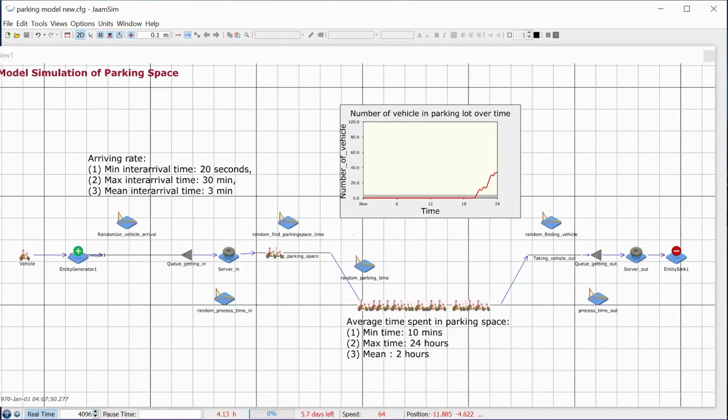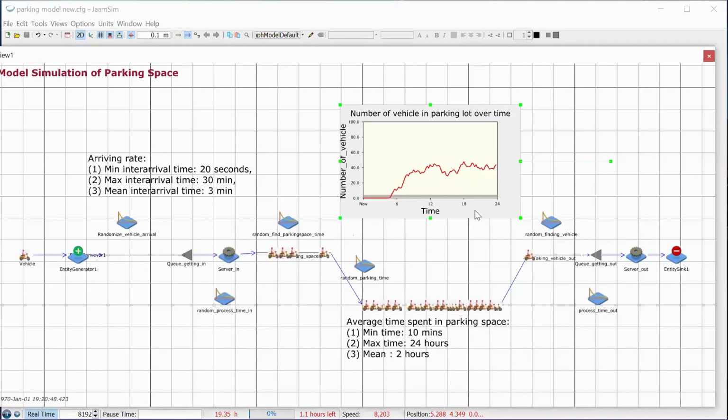Speeding up the process, we can use the graph to see the number of vehicles in the parking lot. And as you can see, the graph fluctuates a lot.